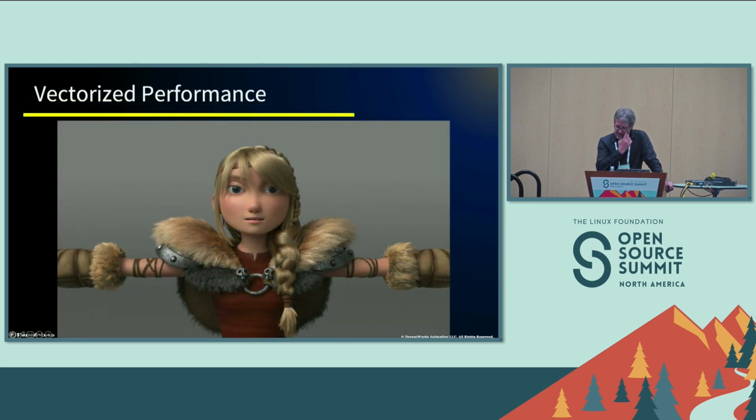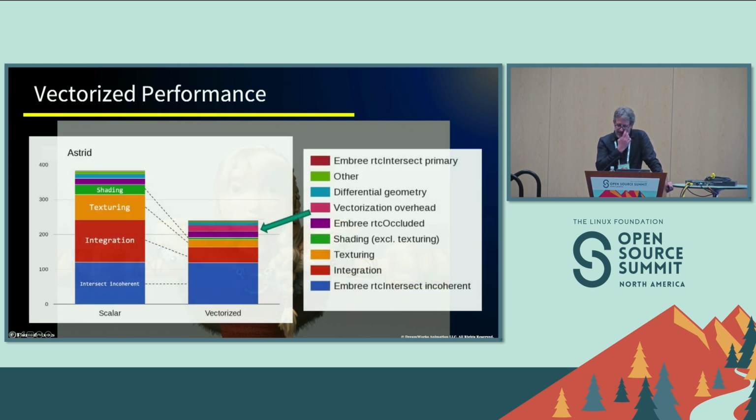Let's look at some results. Here's Astrid from How to Train Your Dragon in a test T-pose. Now there's a lot of fur and hair in that scene, and the biggest block of time at the bottom in blue, the incoherent rays, is spent inside of Embree, Intel's open source intersection library, as I said, that was developed in conjunction with and for MoonRay.